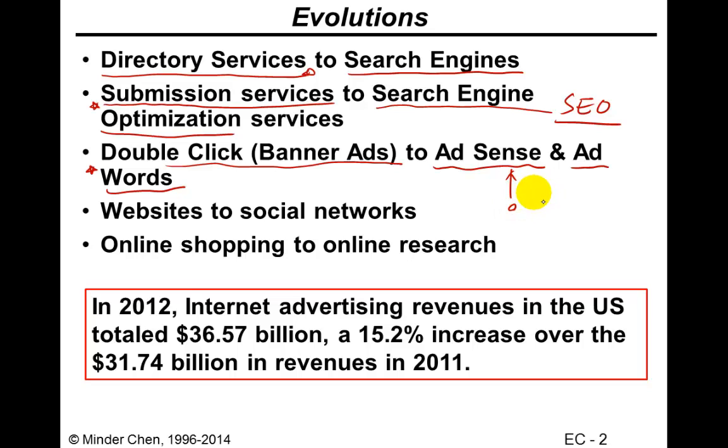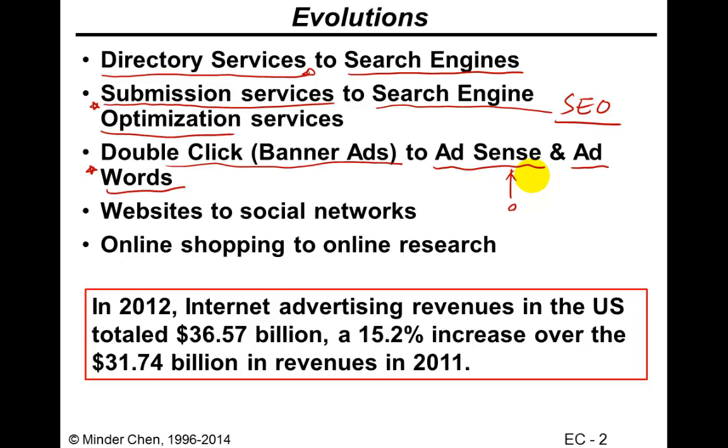If you plug in certain code, when you show the page, Google actually will analyze the content of your page and decide what ad to place on your web page. If a user clicks on the ads, then you're going to get paid for that.